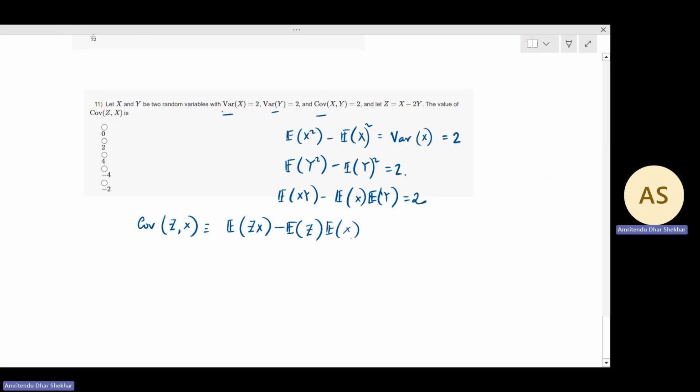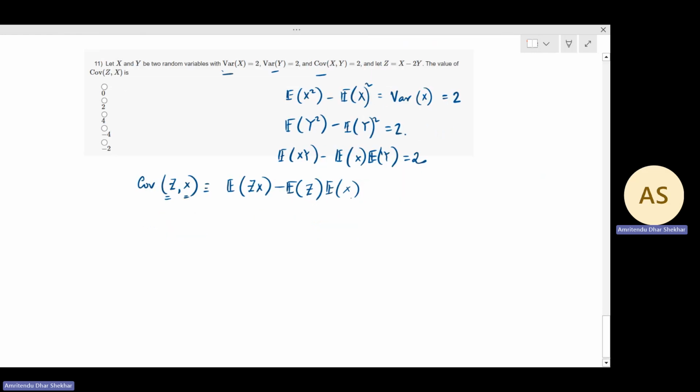Right. Now, covariance is, of course, a bilinear function of z and x, bilinear over real numbers.